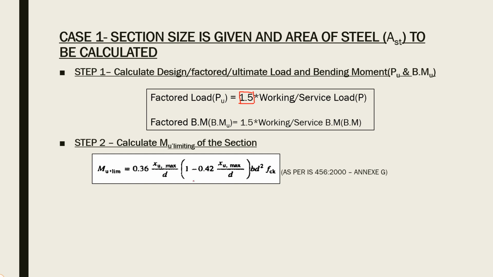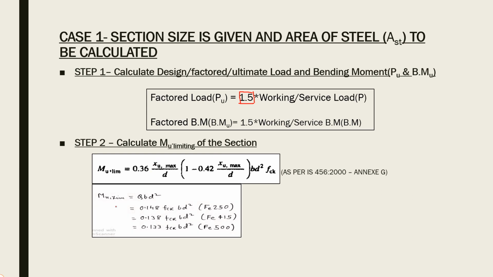But when you calculate Mu limiting from this formula, it takes so much time. So the simplified version of this formula is Mu limiting is equal to Q bd square. This Q bd square has come from the formula which you are seeing.